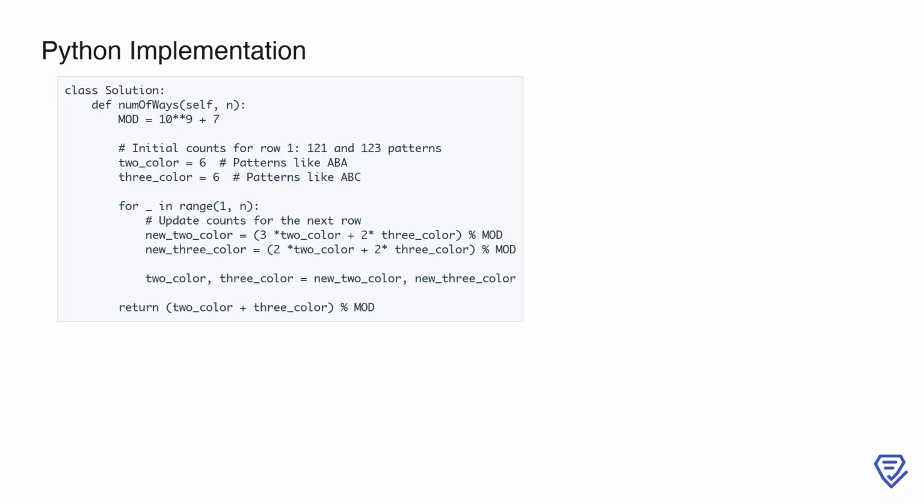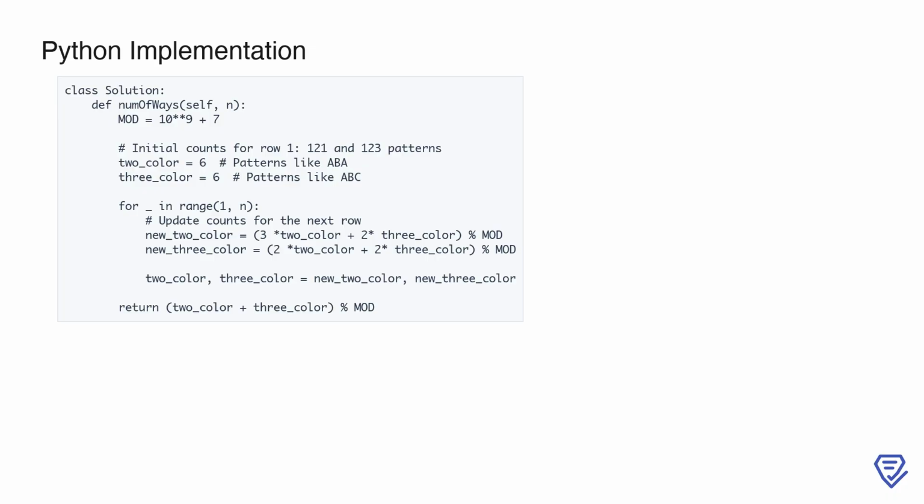2. Dynamic programming transition. For each subsequent row, we calculate the number of valid patterns based on the previous row's 2_color and 3_color counts. New_2_color is derived from the combinations of the previous row's patterns. Specifically, 2-color patterns can transition to 2 or 3-color patterns, and 3-color patterns can transition to 2-color patterns.